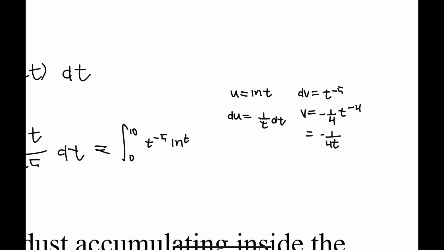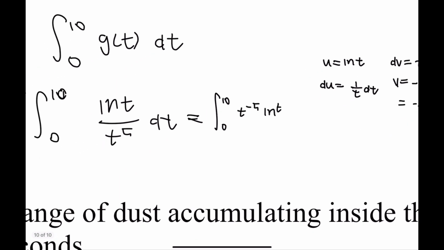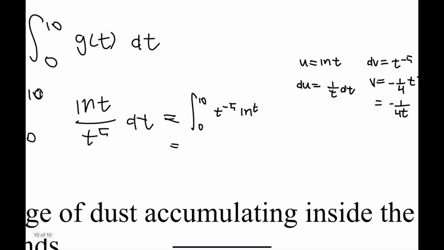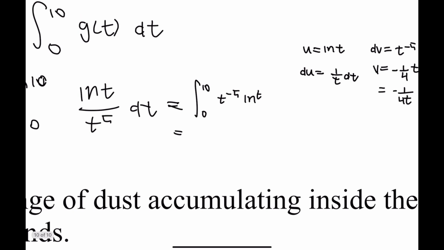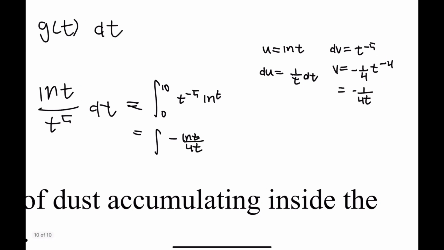Now that we have this, we can try to solve this out. I'm going to disregard the definite integrals for now, and then u times v is negative ln t over 4t to the 4th.